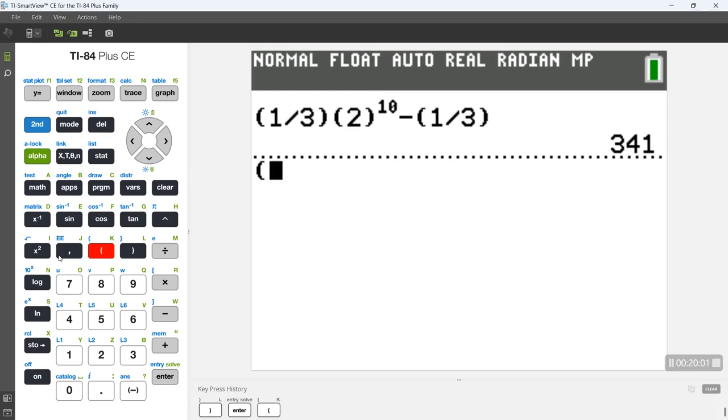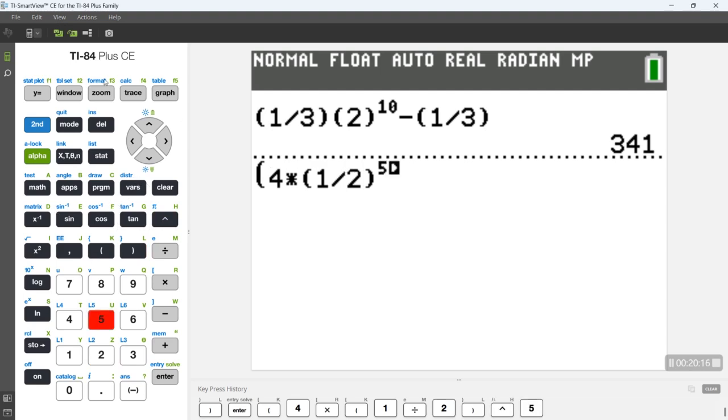So my numerator was 4 times, now I'm going to raise 1/2 to the 5th power, and here you really want to be careful when you're raising a fraction to an exponent. You may find it helpful to include the whole thing in parentheses, which is what I did.